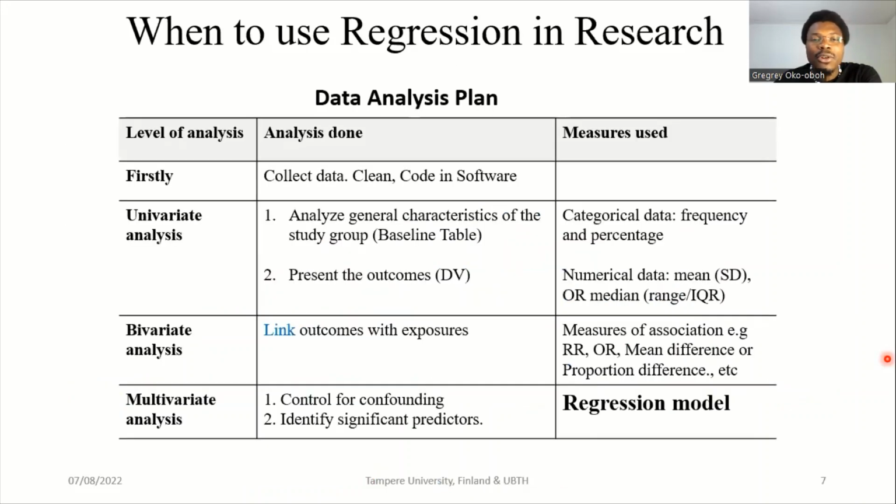It's also important for us to know exactly when to use regression in medical research. And this has to do with the analysis process.